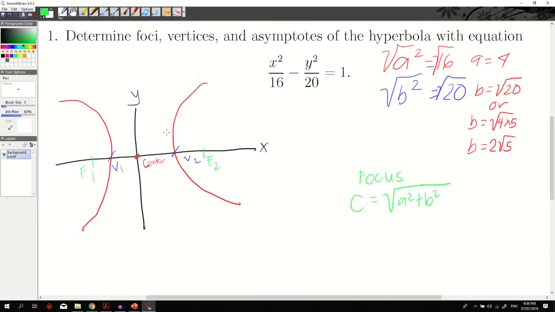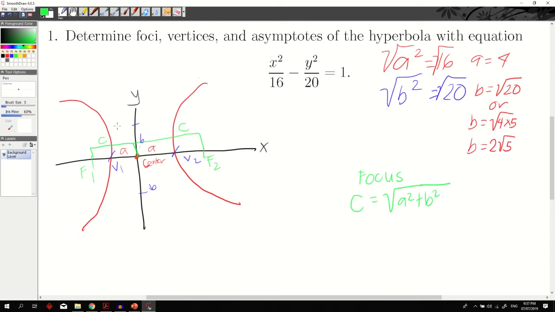And this could be the covertex. So this is b, the distance here should be a, and the distance from the center to there is c. That's how our hyperbola should look.